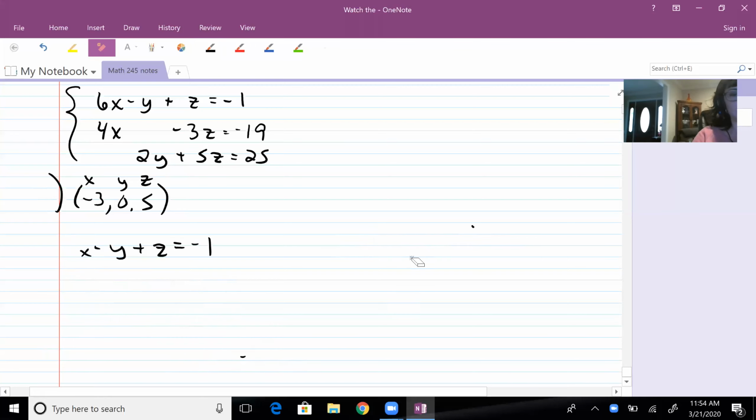Part C, we're going to be given another ordered triple. This time our ordered triple is 0 for x, -1 for y, and z is 4. Let's take that first equation again. Let's plug these numbers in and see what we get.